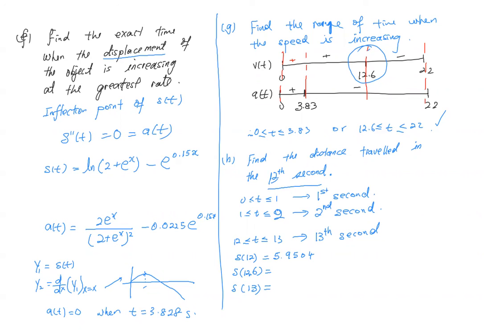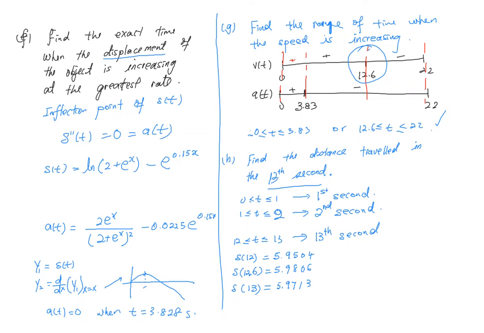So this is 5.9806. Okay, then we go 13. You got 5.9713.